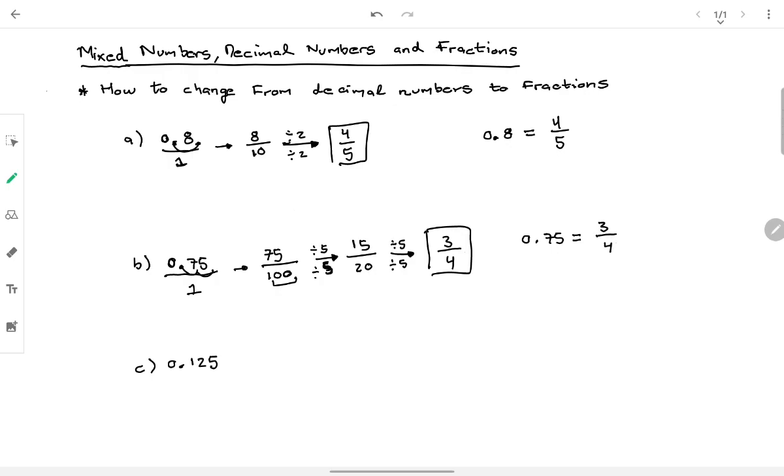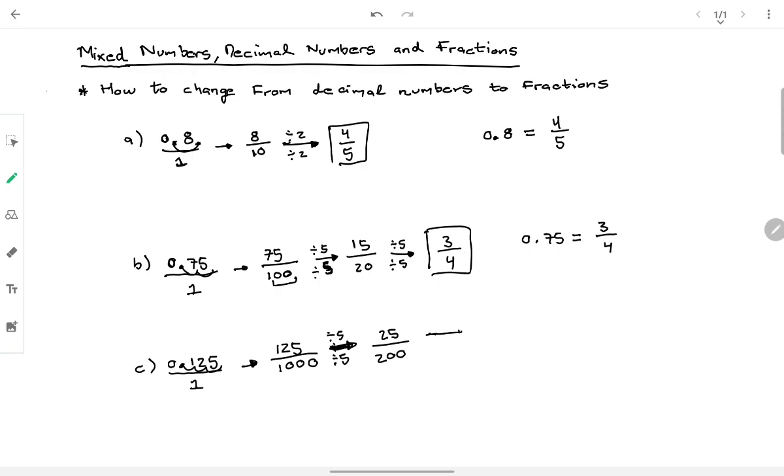Let's see another example. If we have 0.125, we can represent it divided by 1. That means we are going to move the point 3 spaces, so we can represent this as 125 over 1000. We can divide this by 5. That will give us 200, and in the top part it will give us 25.